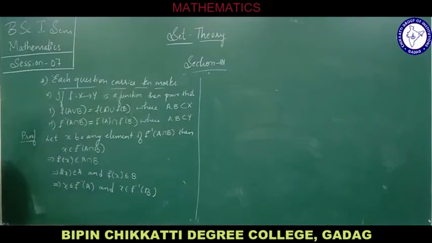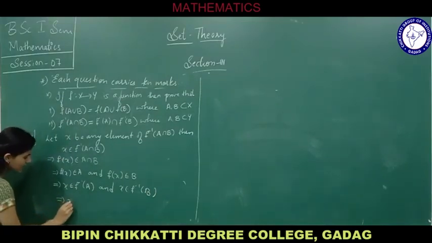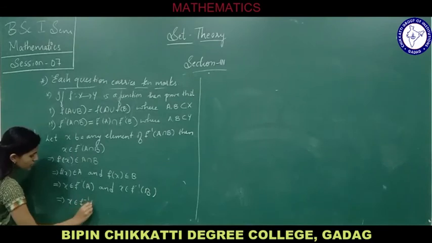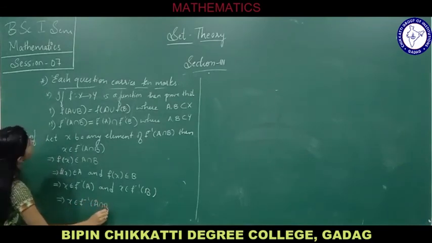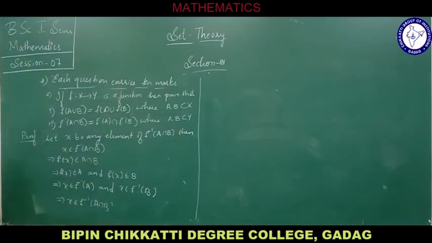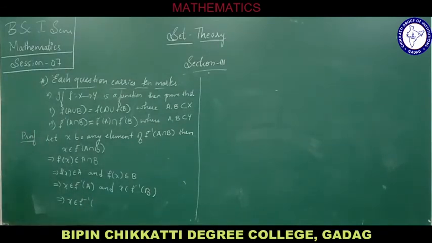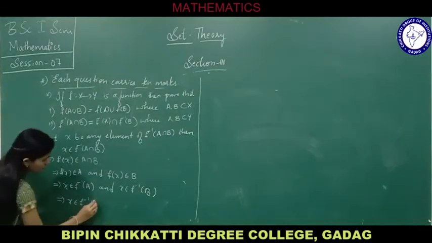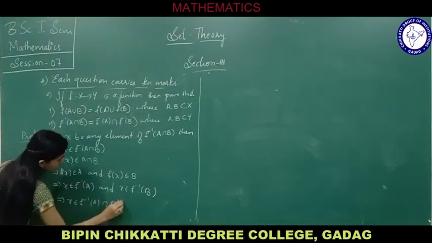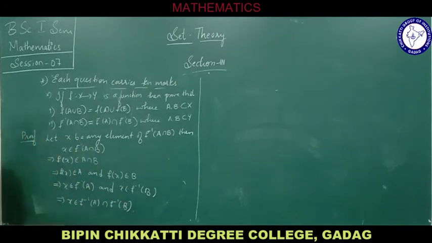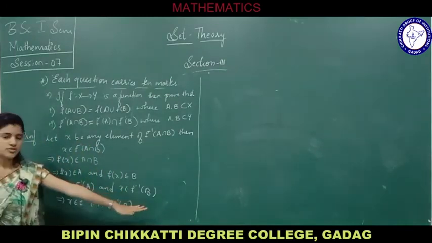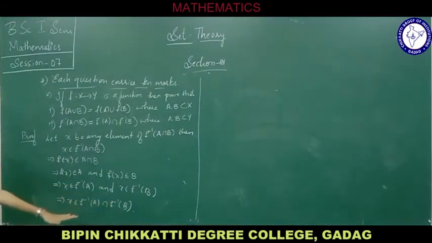Then how can we write? We can write it as x belongs to f inverse of A intersection f inverse of B. And x belongs to f inverse of B, in the sense of what we wrote on this intersection.